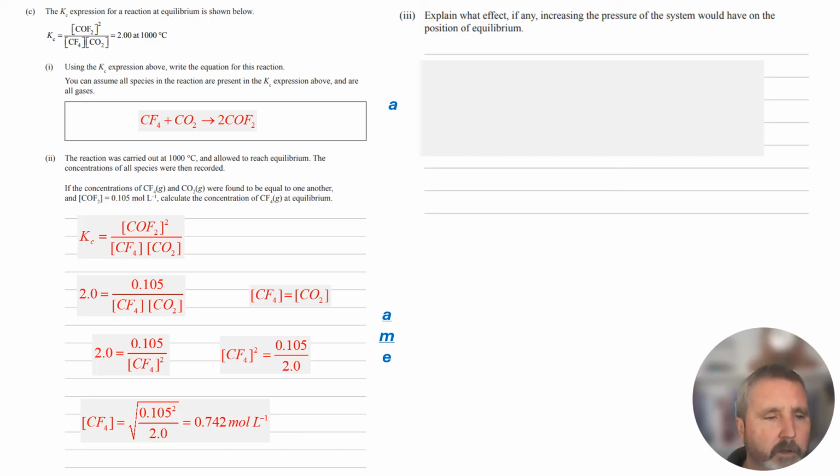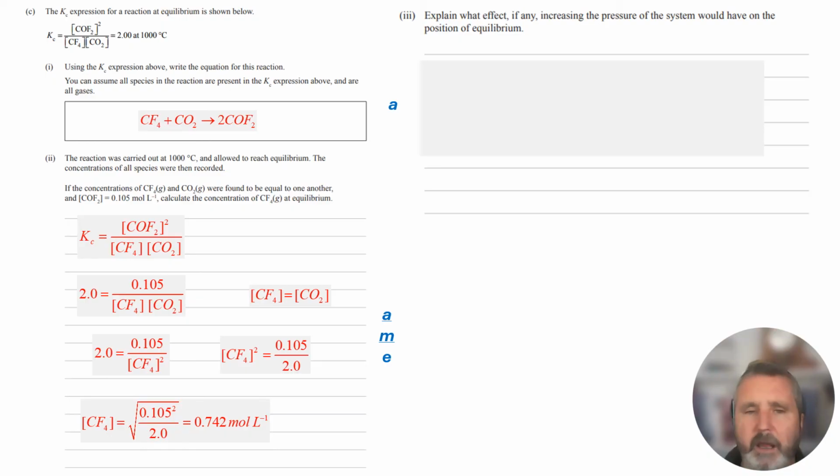Let me have a look here. They haven't told us it is, but I'm going to assume that it is. Maybe it's in the previous question.